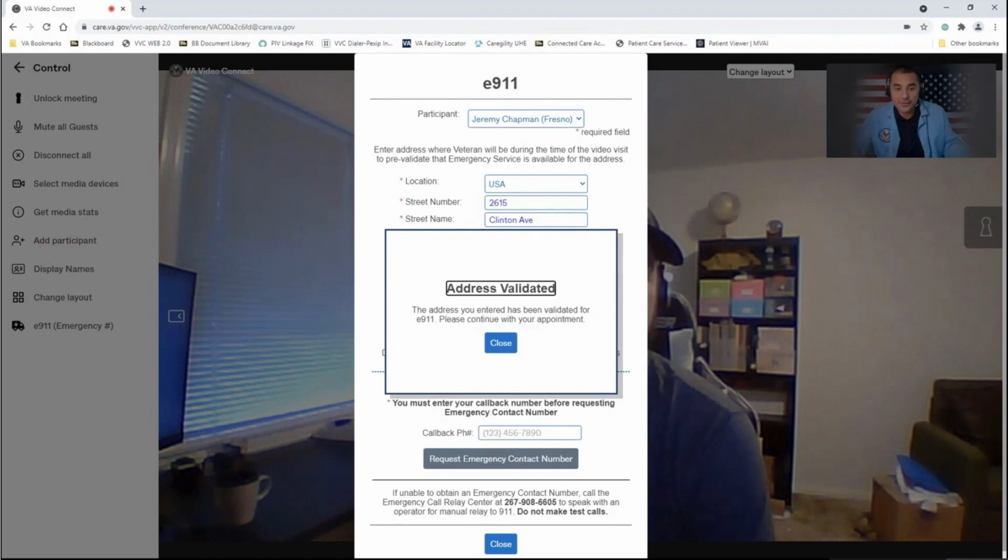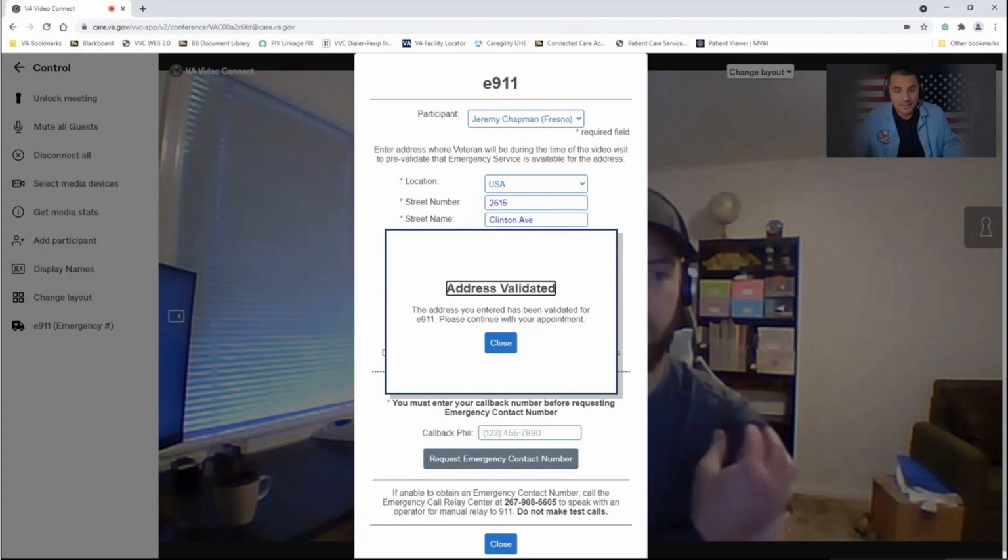And that's that standard 267-908 number. We can put that on the screen at the end of the presentation so that you can have that. The emergency call relay number is an alternative method. It's not the primary method. The primary method is using the E911 services like we've demonstrated.